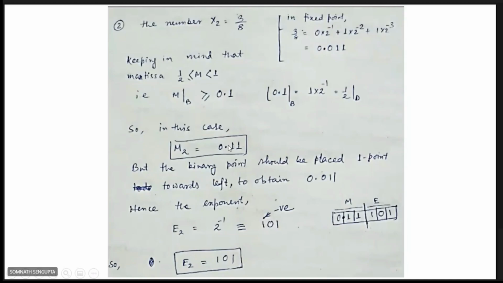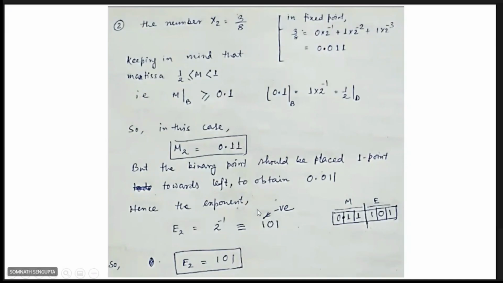Your number is 0.011, but in Mantissa you have written 0.11. So the binary point should be placed 1 point towards left to obtain 0.011. Hence the exponent should be 2 to the power minus 1.